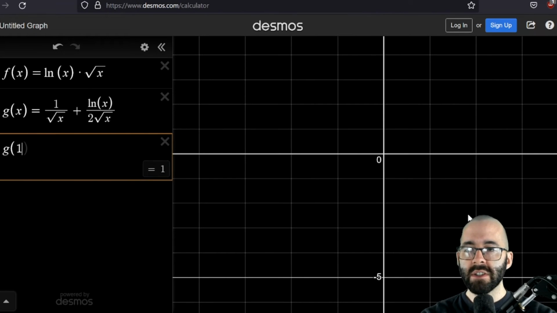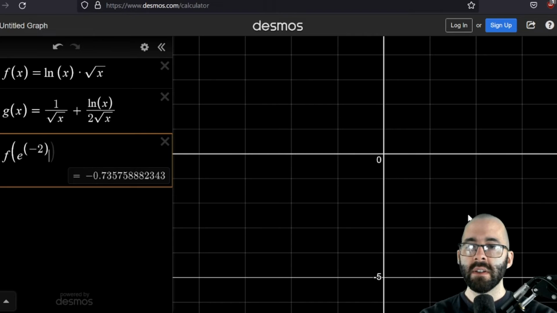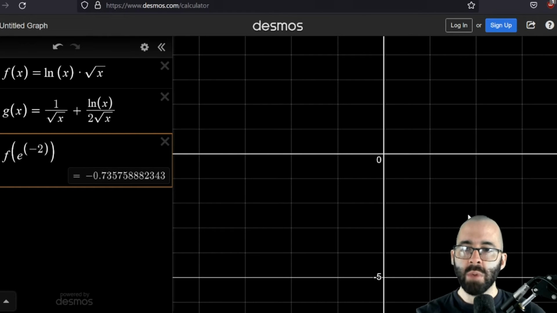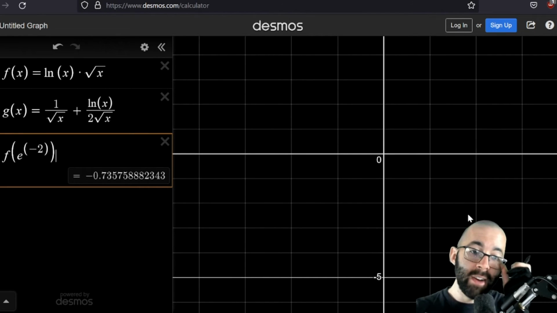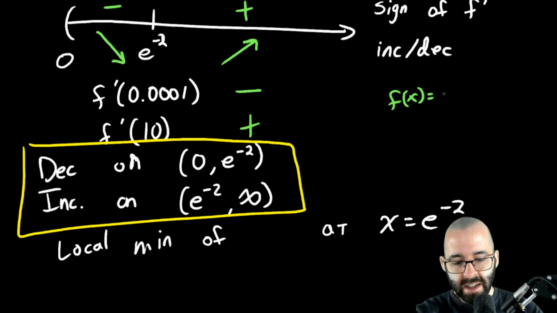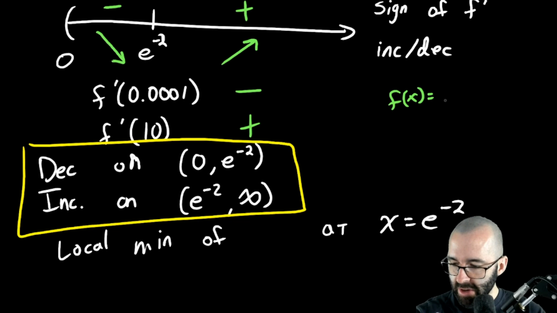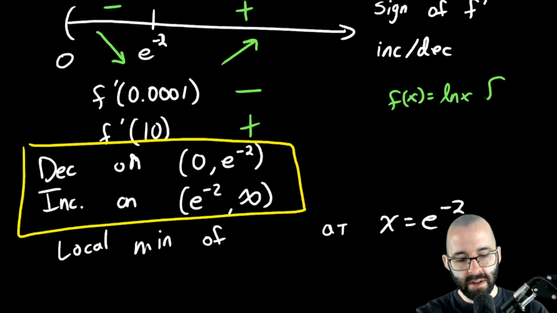What's our original function value at e to the negative 2? It's about negative 0.7357. Or again, if I'm using exact values, let's go hard on the exact values. Go off to the side. f of x equals ln x square root of x, I believe. We do it by hand.